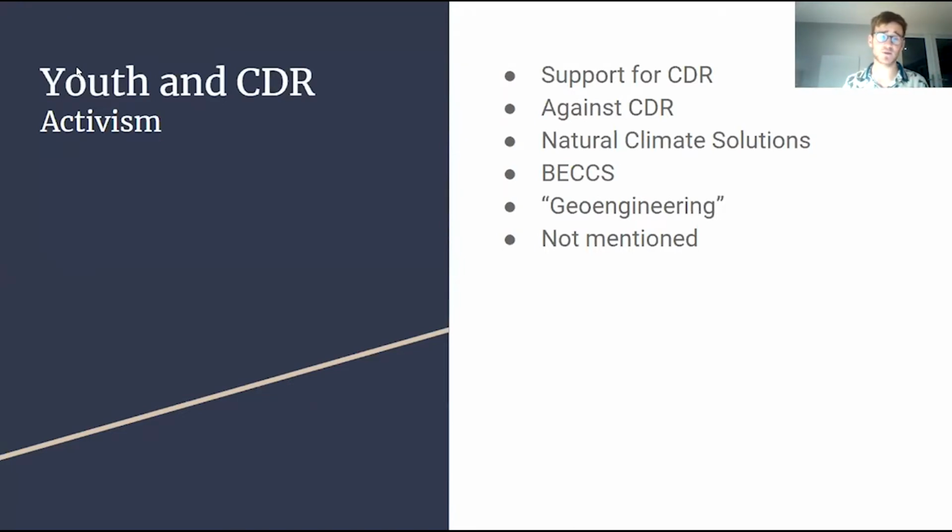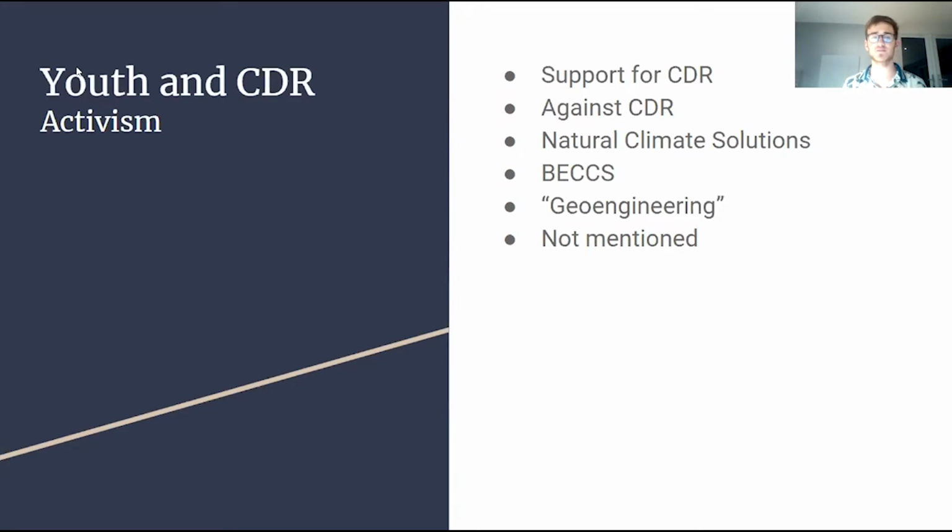There are a significant number of organizations that are also against other forms of CDR. That particularly seems to be focused against techniques like ocean fertilization and BECCS, but there are some youth activist organizations that are against almost all types of technological CDR.